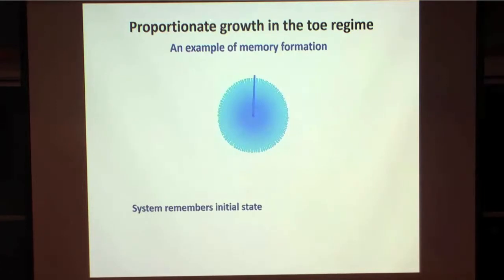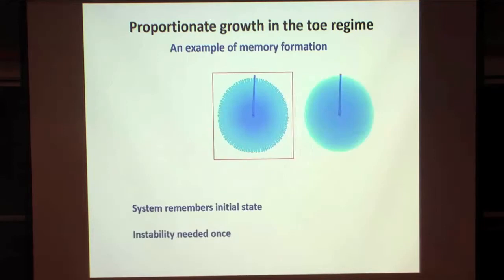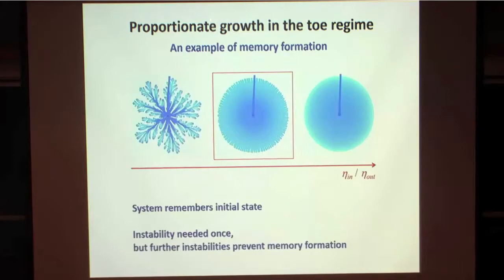But this is a very, very subtle state, because what needs to happen is that I need to form a first instability in order to make these structures. Otherwise, I just get this circle. But then, once these first structures have formed, this instability doesn't occur again, because otherwise I get branching.